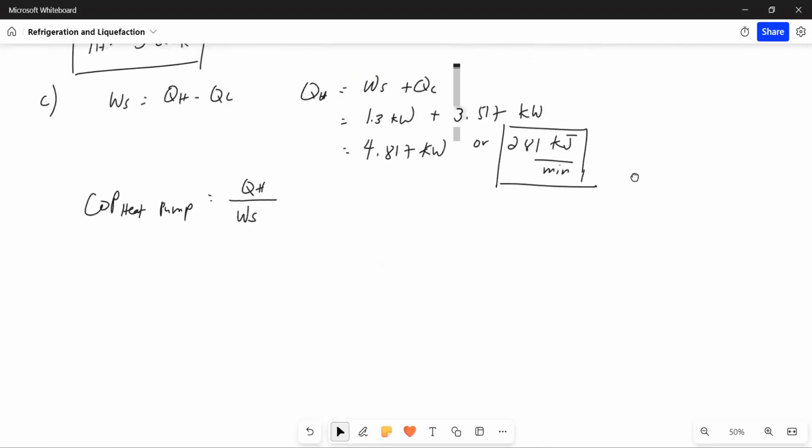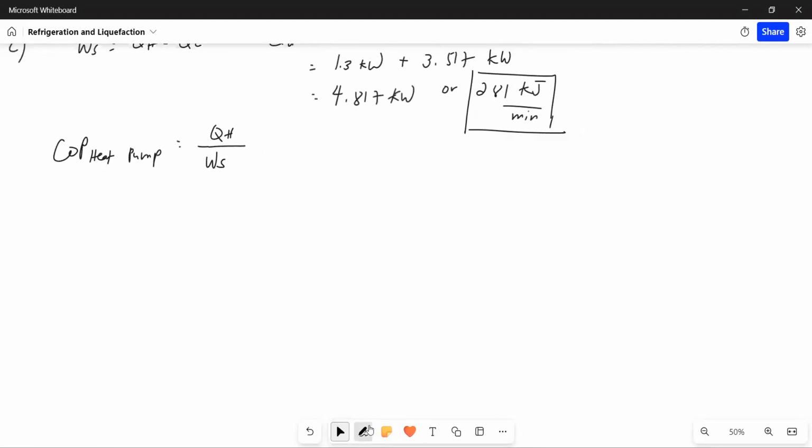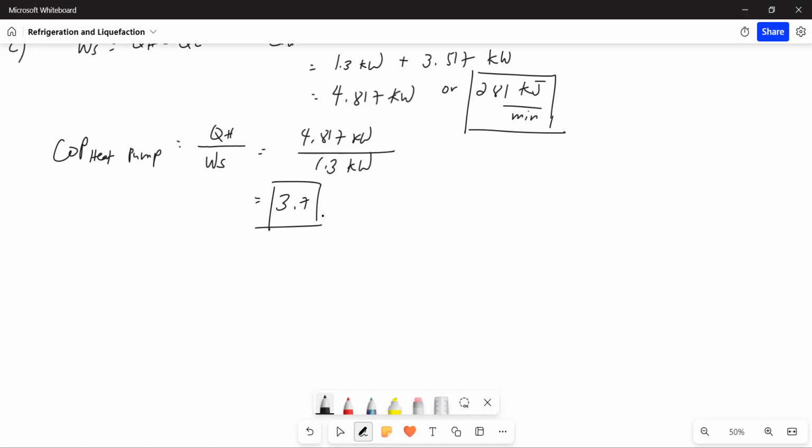Okay, so I hope that's clear. And that is 4.817 kilowatts over 1.3 kilowatt, given. So that's 3.7. That's the COP. Okay? I hope this is clear.